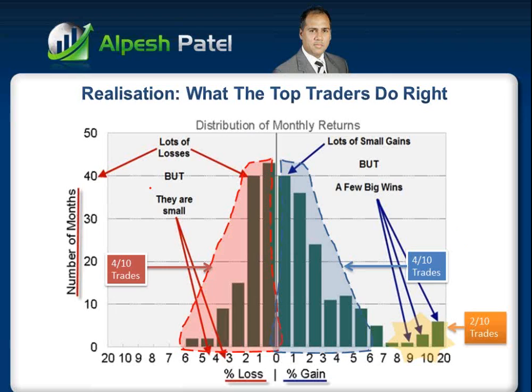They have lots of small gains, and 4 out of 10 trades are small gains. 2 out of 10 are gold. Those are the big trends. Whether you're spread betting or investing over the long term, that's the figure. 2 out of 10, guess what? 80-20 rule. 20% give you 80% of your returns. What you might find striking is that even great professional traders don't just make profits. This is what it actually looks like.